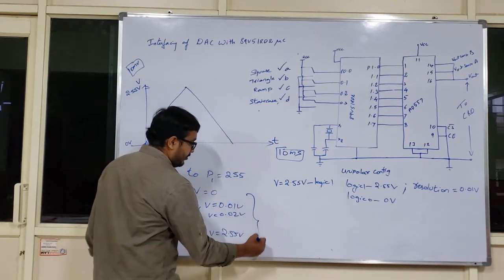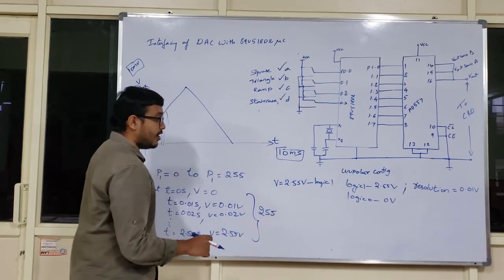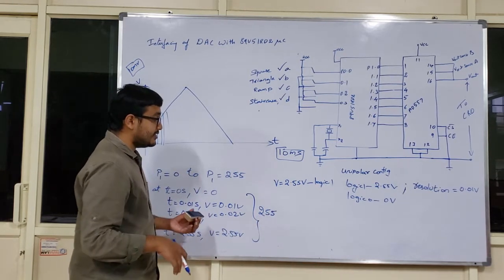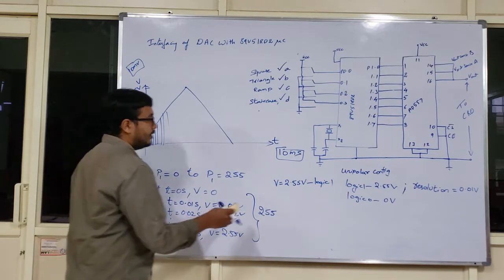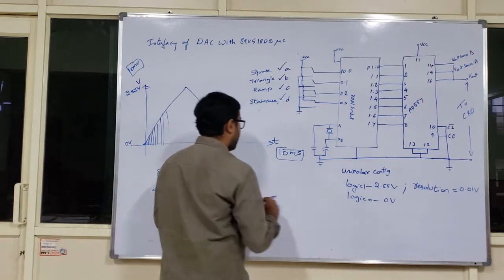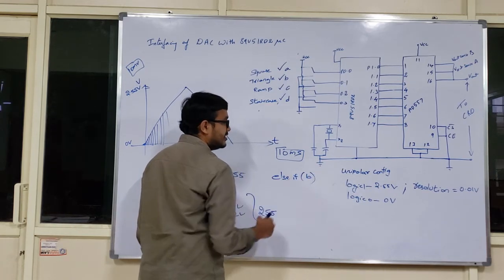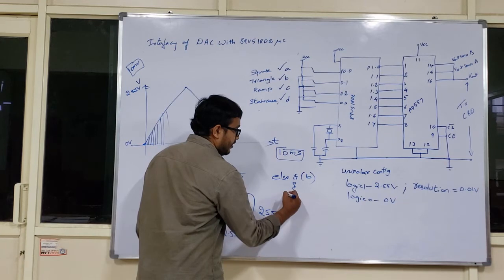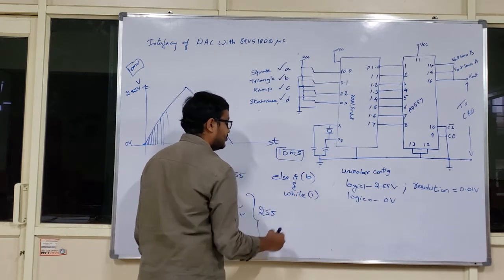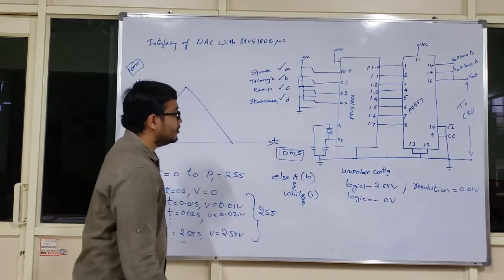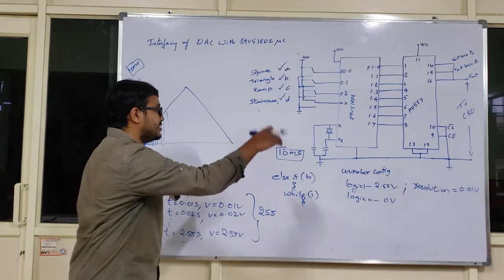From 0 to 2.55 volts, the voltage has undergone 255 iterations of time. That means I can develop the program now in this manner, like this logic: else if the B switch is turned on, I can use a continuous while loop, because I don't want to generate only a single triangle, but a sequence of triangles.